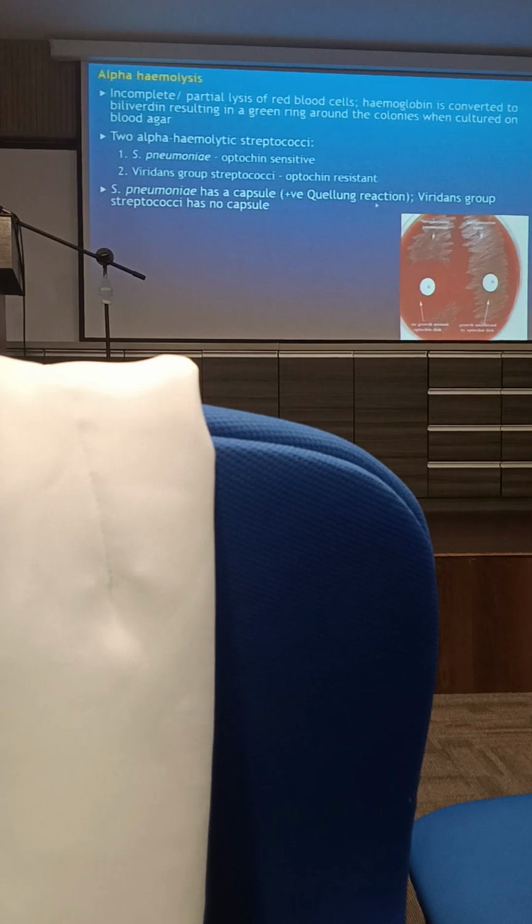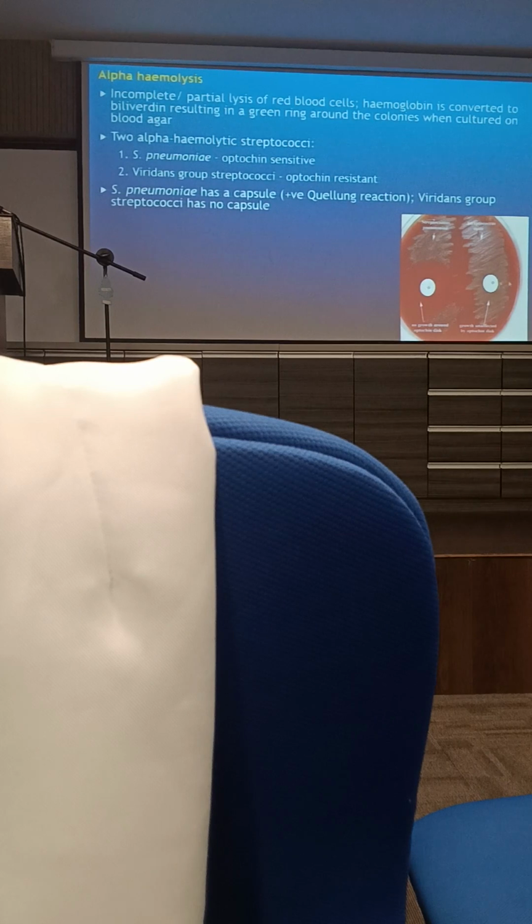But they can be differentiated by placing an optochin disc, like the antibiotic I mentioned just now, on the plate. Streptococcus pneumoniae is sensitive to optochin. That means it cannot grow around optochin. So if you see a blood agar plate with alpha hemolysis and a disc placed on it, and it's not growing around it, that means it's optochin sensitive.